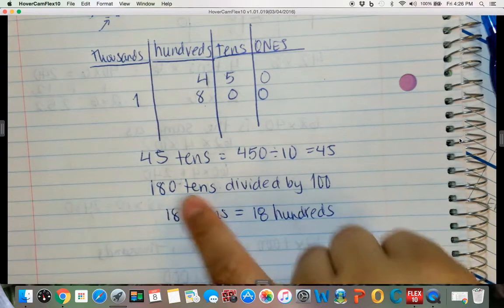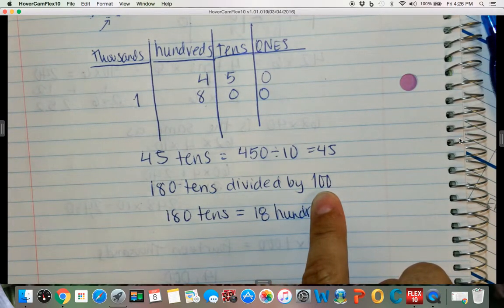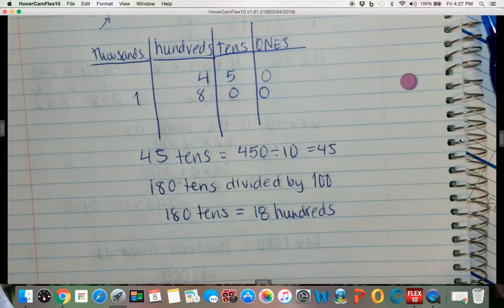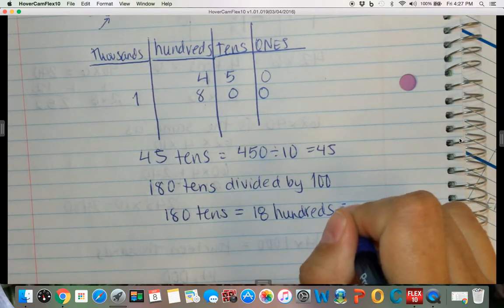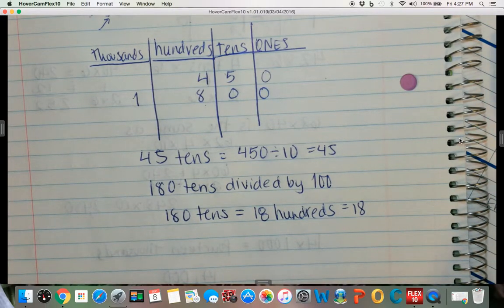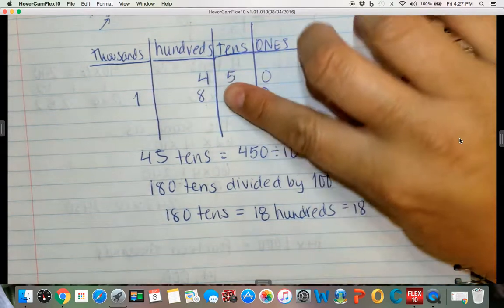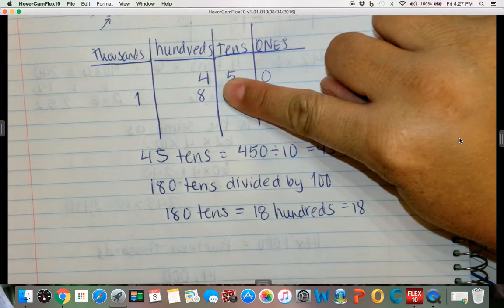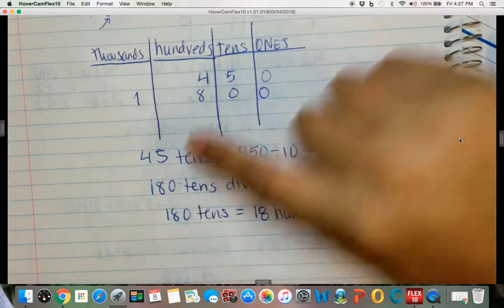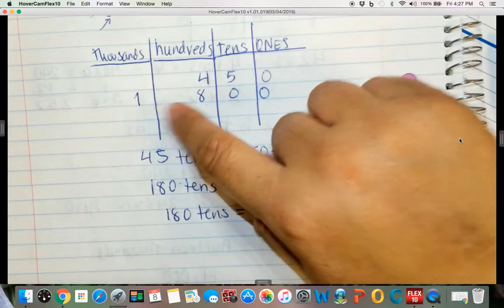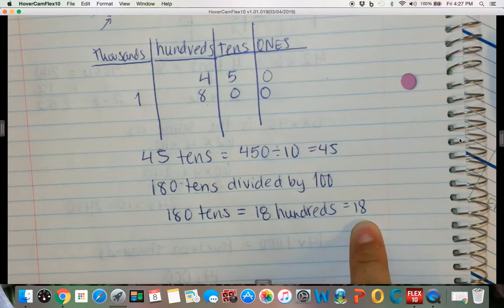So if I want to divide 180 tens by 100, I'm going to call it 18 hundreds. Now I'm moving my group into hundreds. How many groups will I have? 18. Because I'm dividing them by a larger number. 18 hundreds divided by 100 in the hundreds place is like 18 divided by 1. 18 groups.